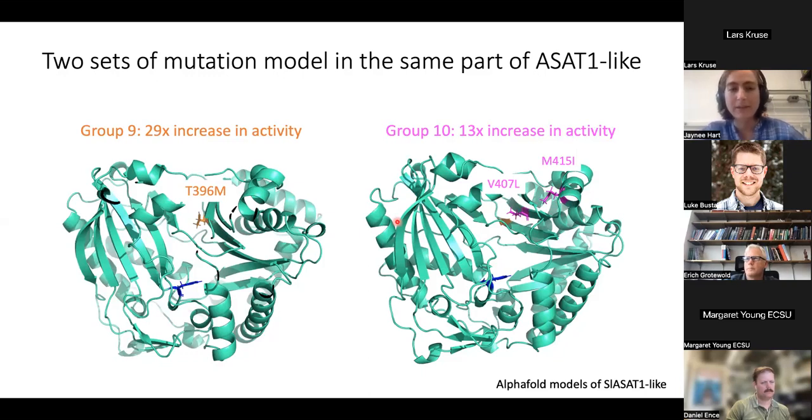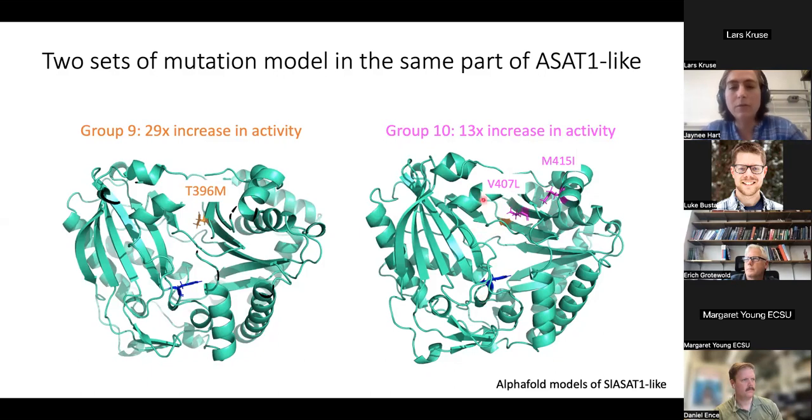But one thing that I would like to highlight is when I looked at these group 10 mutations, you can see that these two residues model as quite close to this threonine/methionine position, and they're quite distal to the catalytic histidine. So whatever is happening, there's a region of this protein that is quite far from where catalysis happens, but seems to be very important for activity.